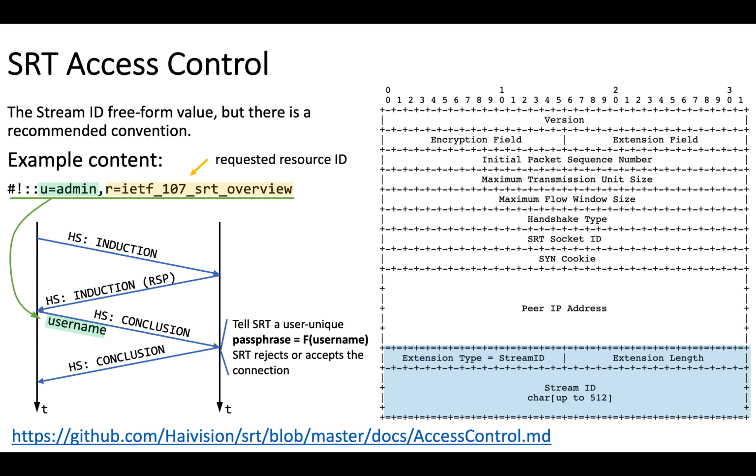The content is not restricted by SRT, but SRT also provides the so-called SRT Access Control guidelines that suggest a format to exchange some useful information like username, requested resource ID, stream content definition, and so on. For example, based on the username extracted from this field, a server can find a matching passphrase and let SRT compare it to the one provided by the peer, thus allowing multiple users to connect on the same UDP port, but each having its own passphrase.